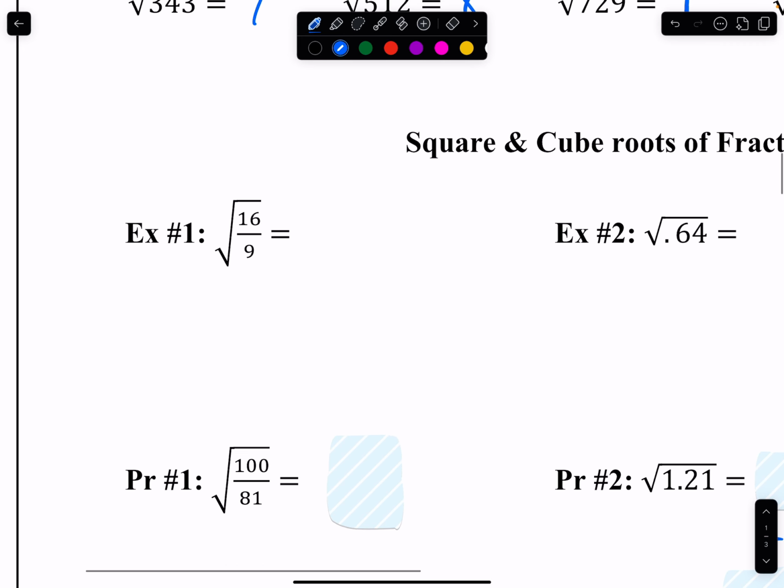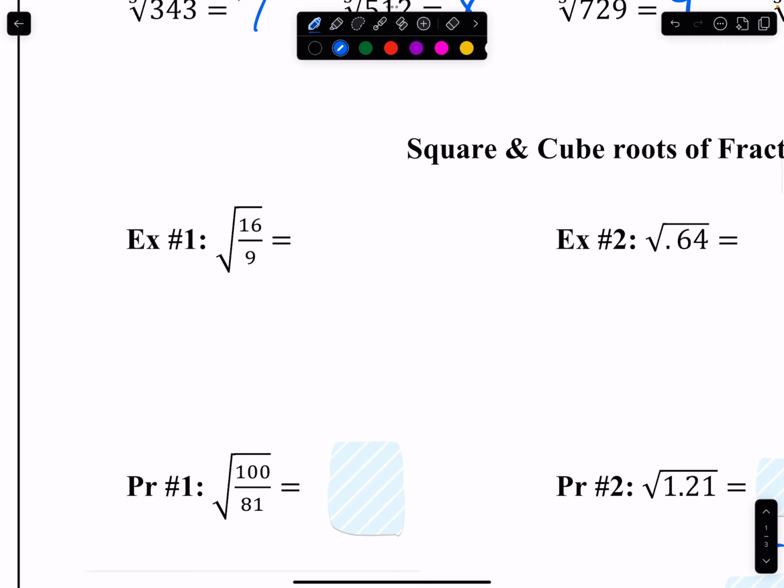And I'm asking you what number times itself, because this is a square root. There's no 2 written, so we know the index is just 2. What number times itself gives you 16/9? You may or may not be able to pick this one out yet, but I suspect that some of you might think it's 4/3.